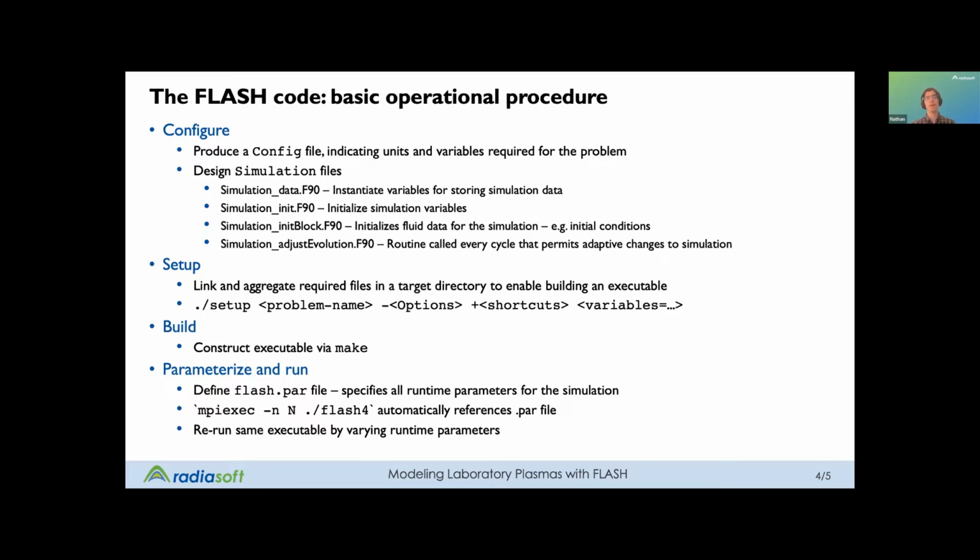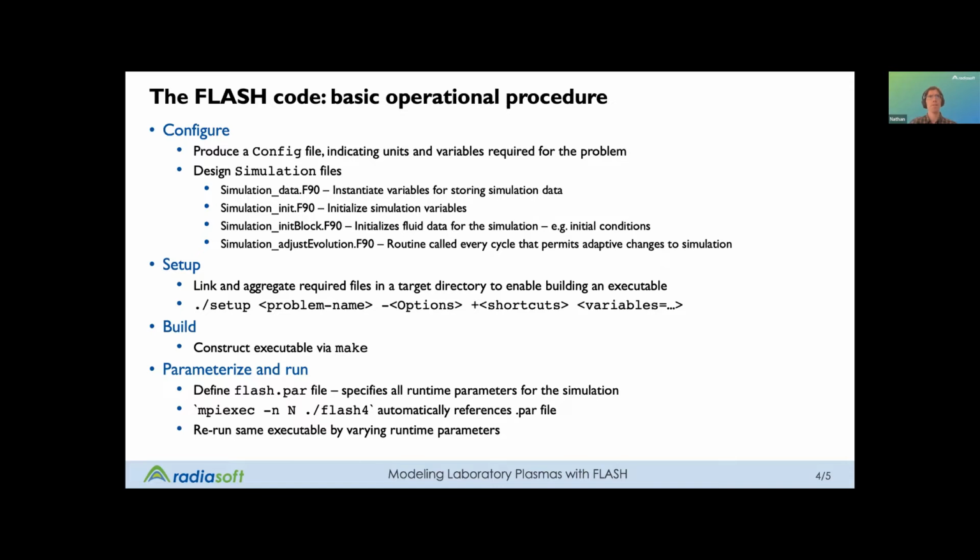The second set of files that you might want are what's called simulation files. And these are files that are used to describe the very particular and customized environment that you're describing for the simulation. So this includes user-specified variables, as well as initial conditions that are used to give your domain the particulars about density, temperature, other state quantities, as well as perhaps energy deposition or laser propagation features.